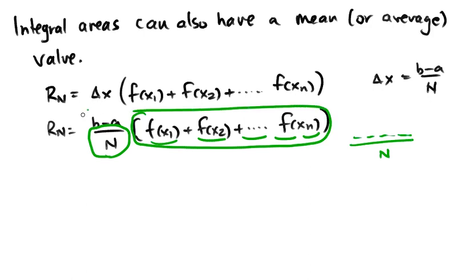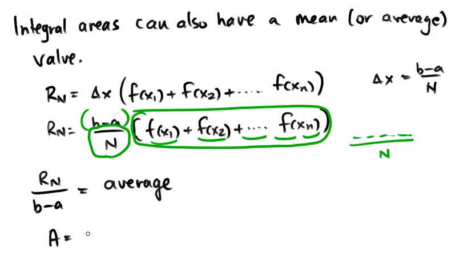If I get rid of this b minus a, and the easiest way to get rid of it is just divide both sides of this equation by b minus a, I get an equation where r sub n gets divided by b minus a, and I end up with an average value of all of these x values added up divided by n. And that's then taken to the limit to find the entire area.